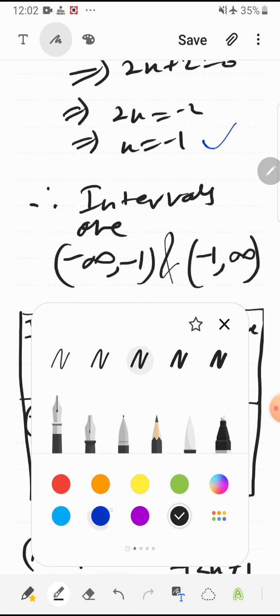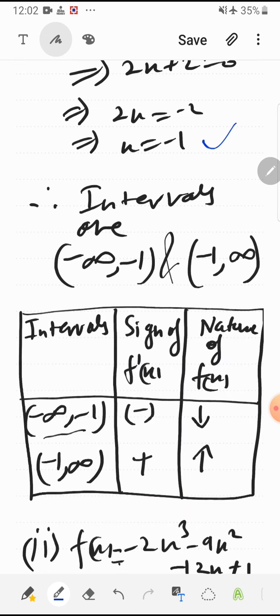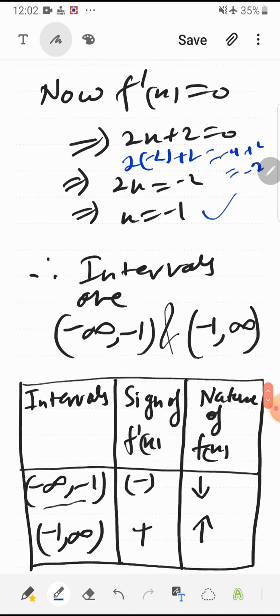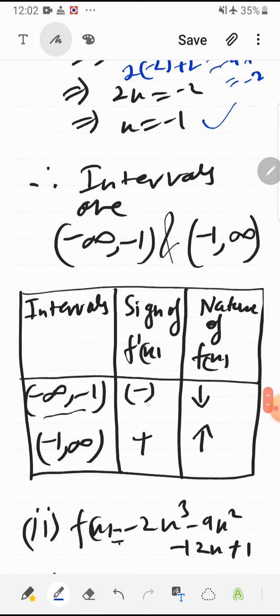If I put x as minus 2 in the derivative, overall it is negative. And as it is negative, I will write the sign of f dash x is negative and the nature of f x is decreasing. Down arrow means decreasing.